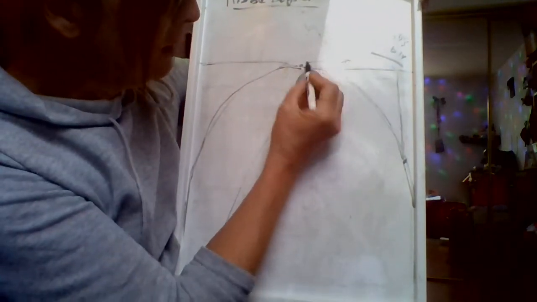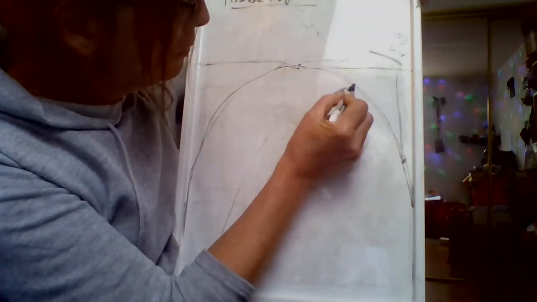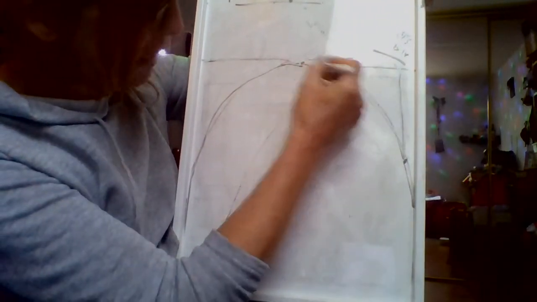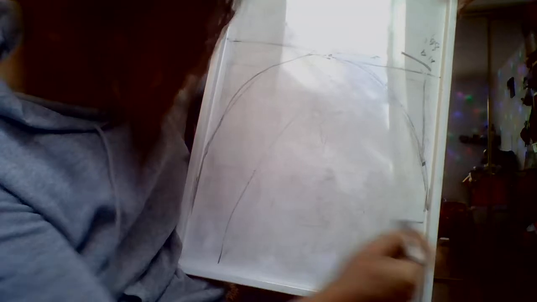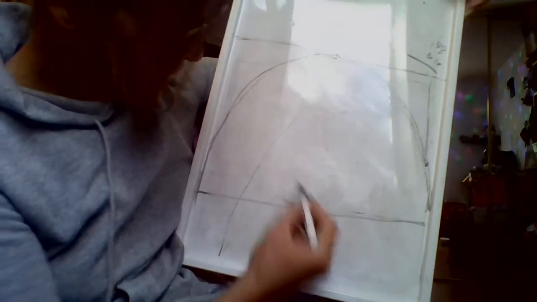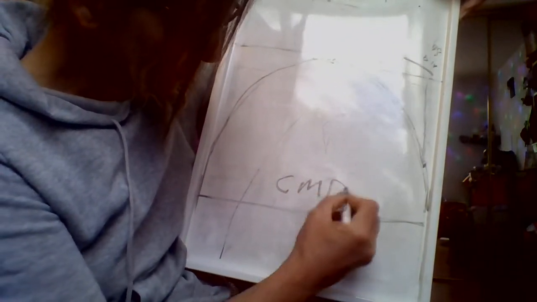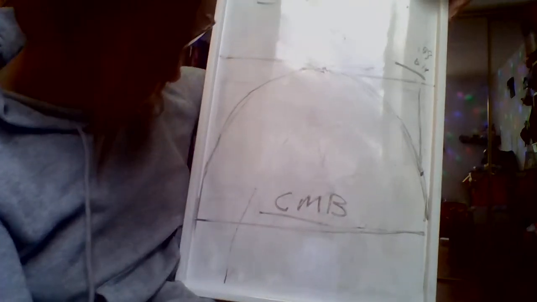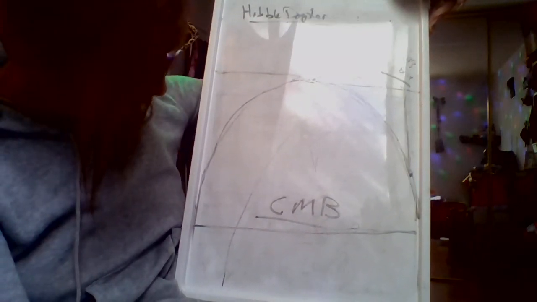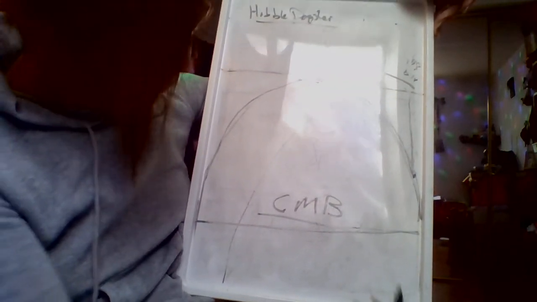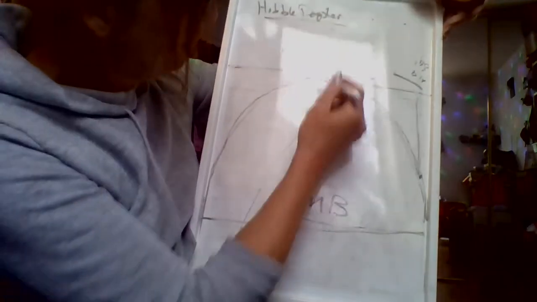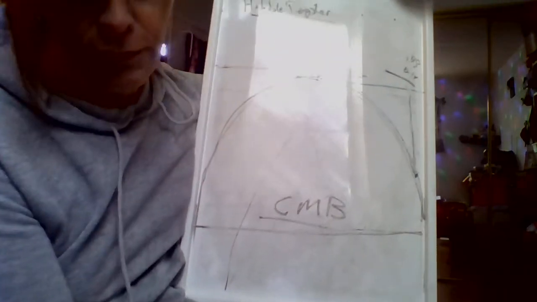The so-called expansion that is attributed to this shift in frequency downwards, and then there's a limit, and this is our visible limit, and this is the CMB, basically. So we live in a weird fisheye lens universe, right?